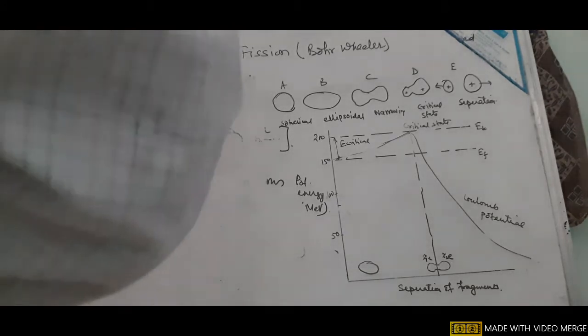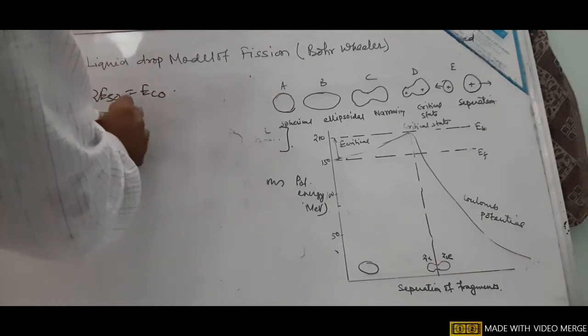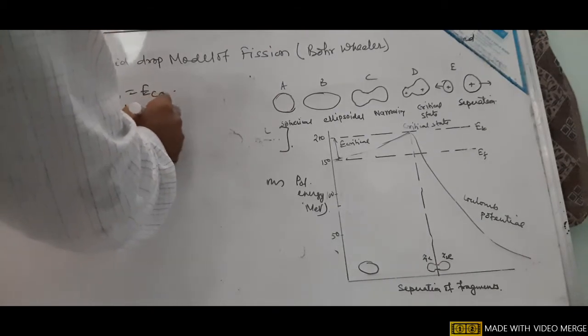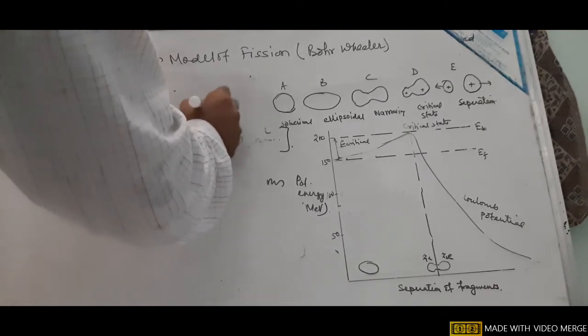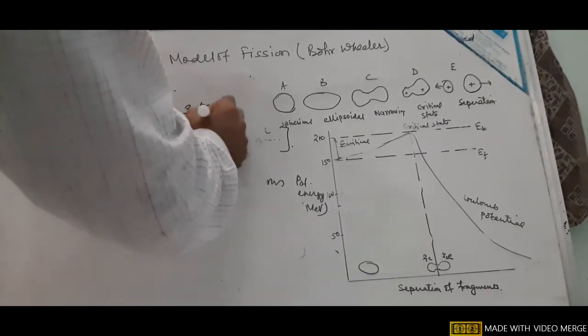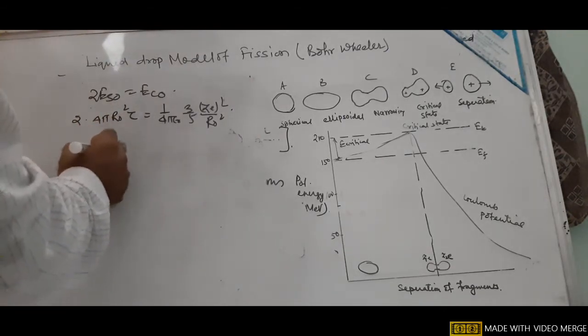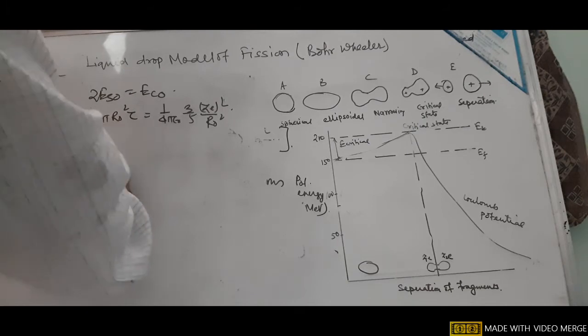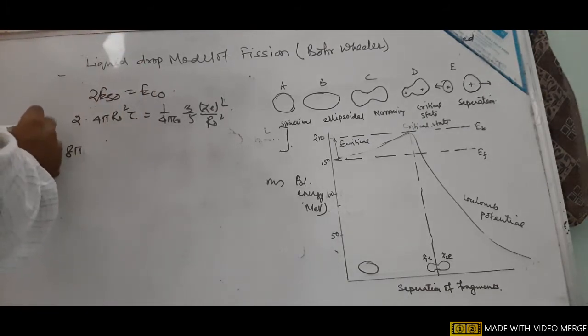It means twice into 4 pi r0 square into tau equals 1 by 4 pi epsilon 3 by 5 Ze square by r0, or 8 pi r0 square tau, where r equals r0 A to the power 1 by 3. We know this formula, r0 A to the power 1 by 3.